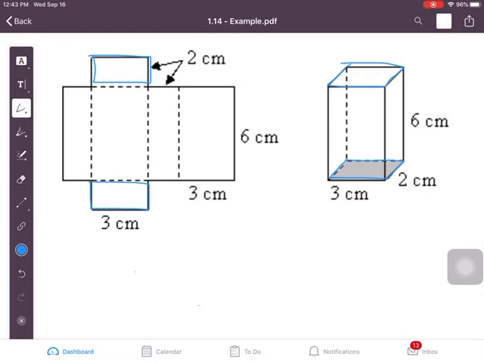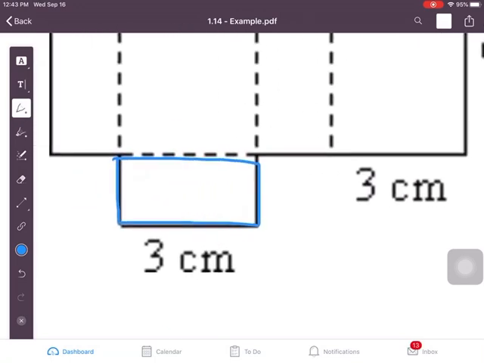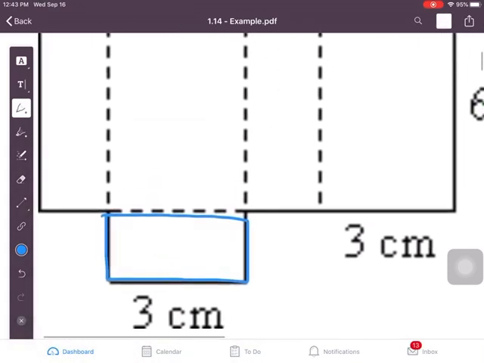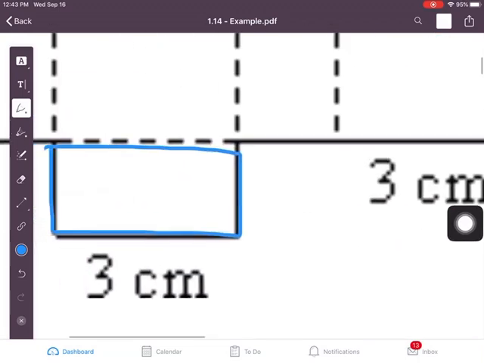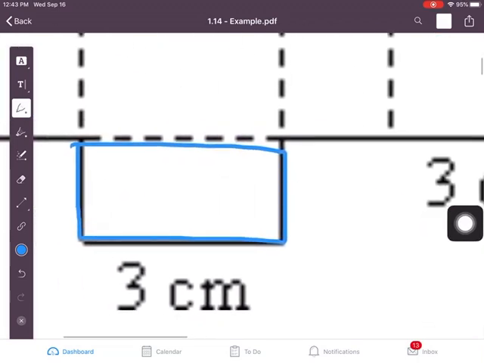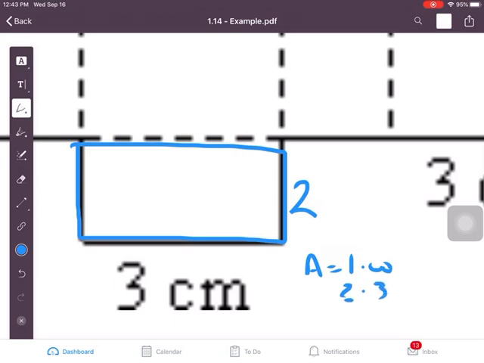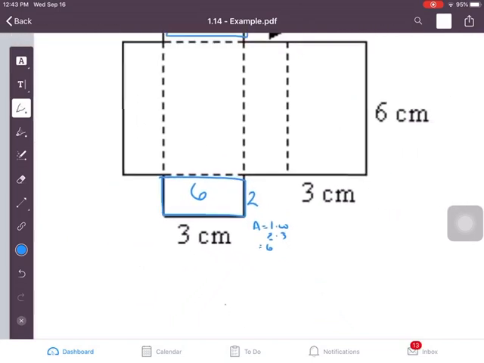If I wanted to solve for that particular face, I would see my dimensions: this one is 3, and up here, from up top, that is 2. So my dimensions for this particular face are 3 and 2. Area equals length times width, which is 2 times 3, equals 6. So this particular face, the value is 6.